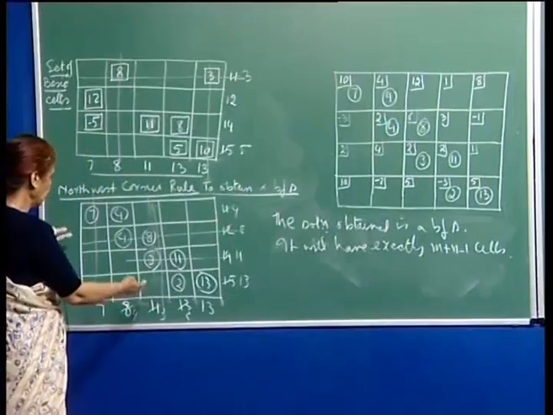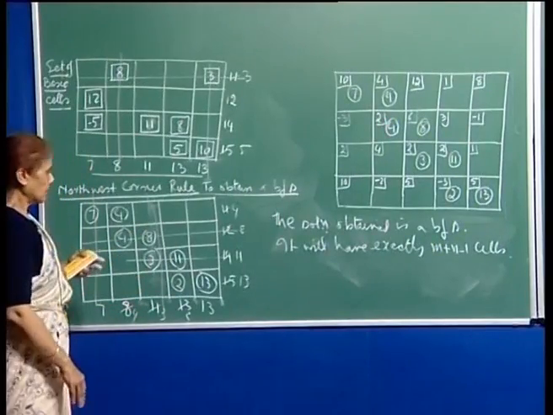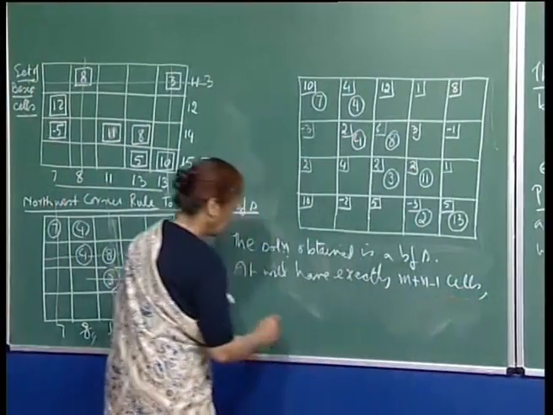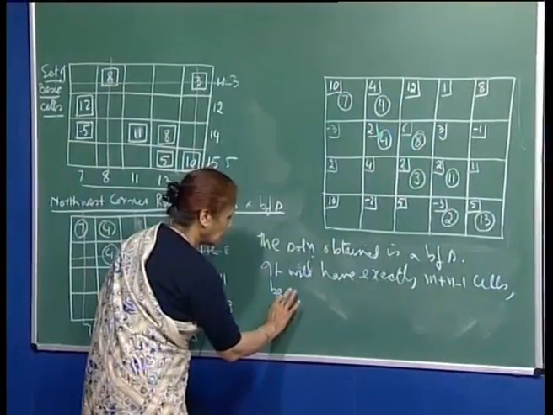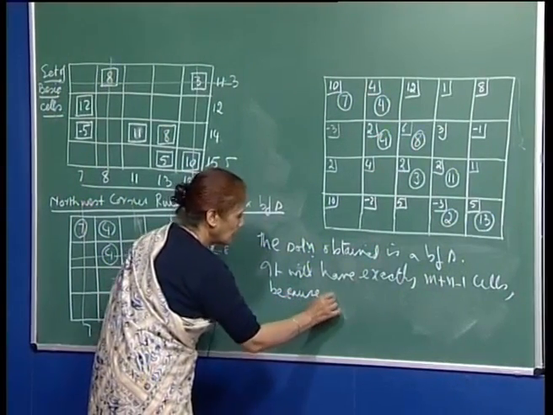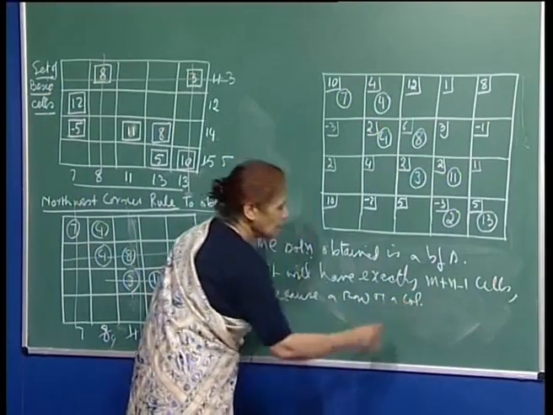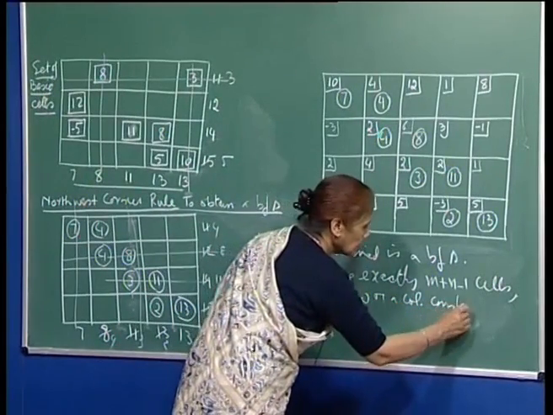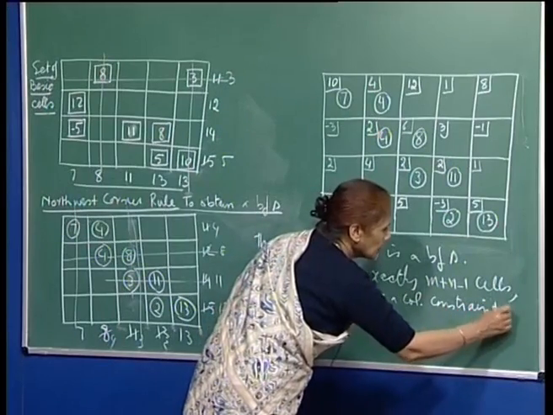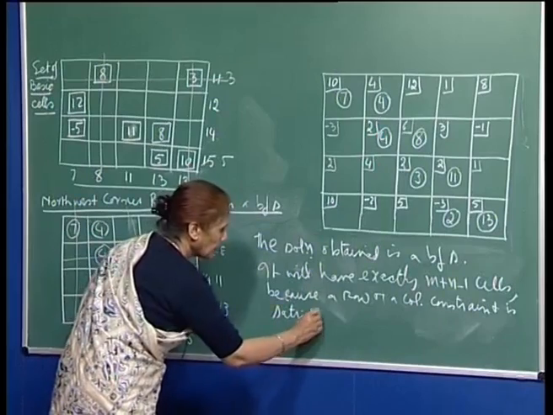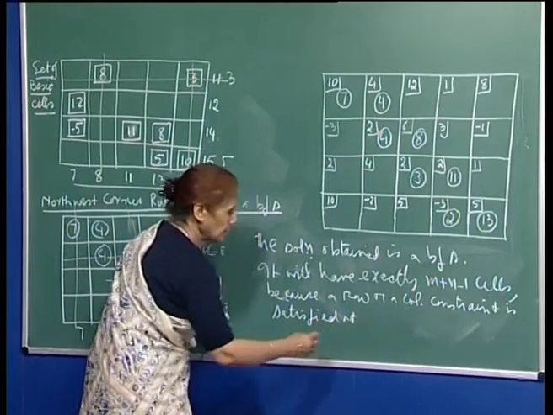I have shown it to you for a 4 by 5, but it will have exactly m plus n minus 1 cells, because a row or a column constraint is satisfied at each basic cell allocation.